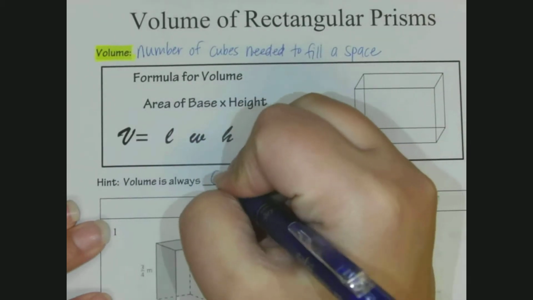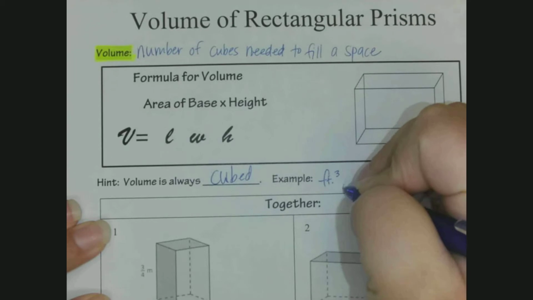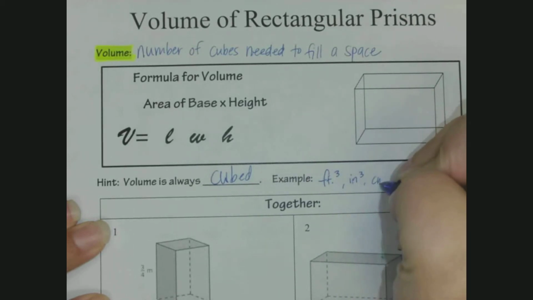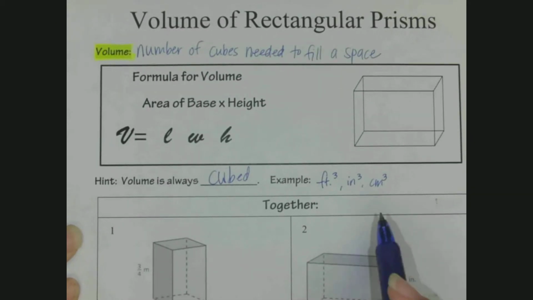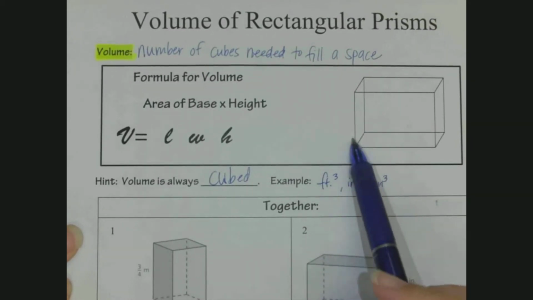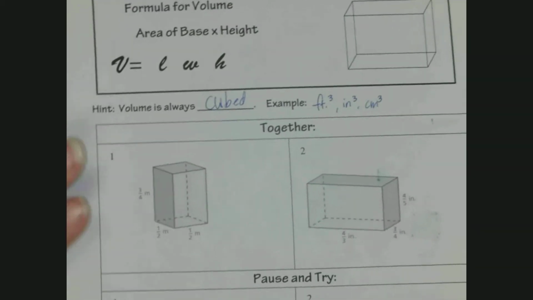You always write it as feet cubed or inches cubed, centimeters cubed. Always, because you're multiplying three things together and it's a three-dimensional object, and we're talking about three different things, okay?